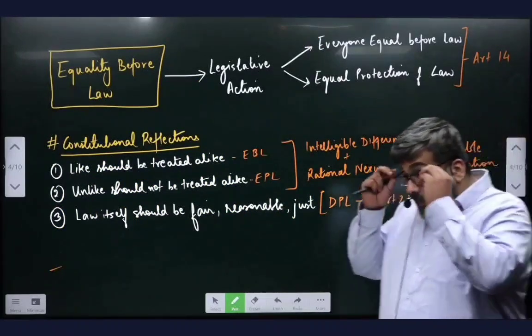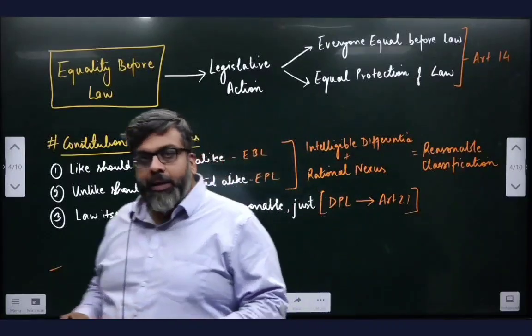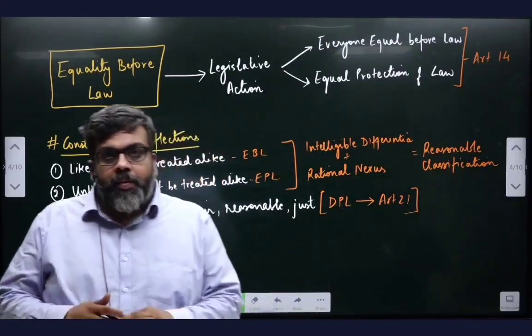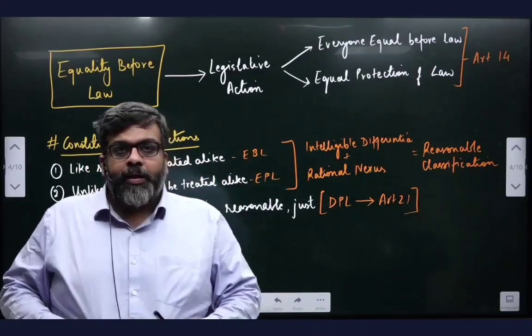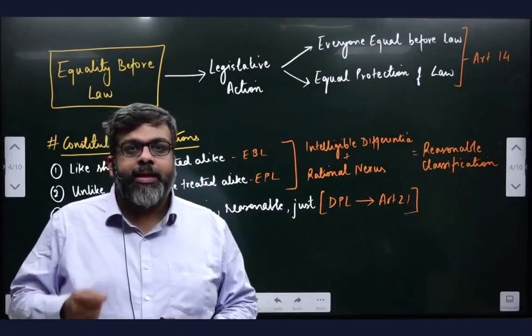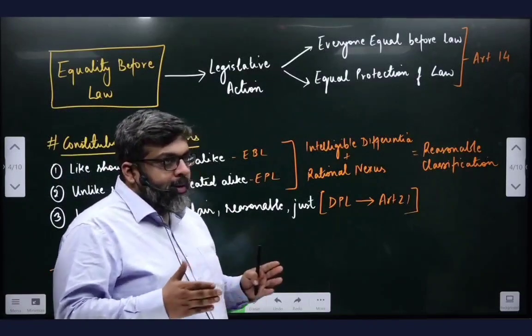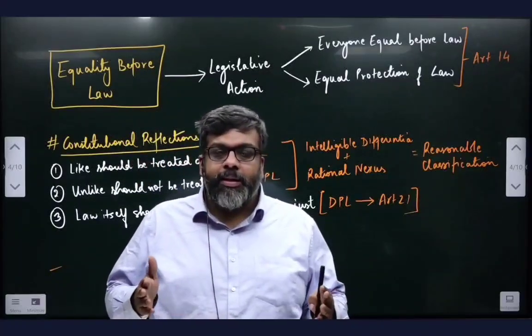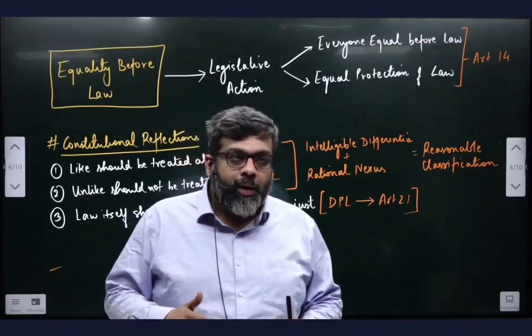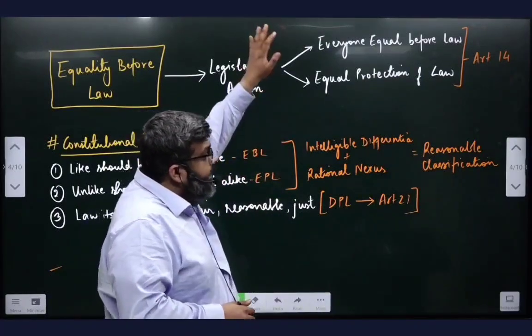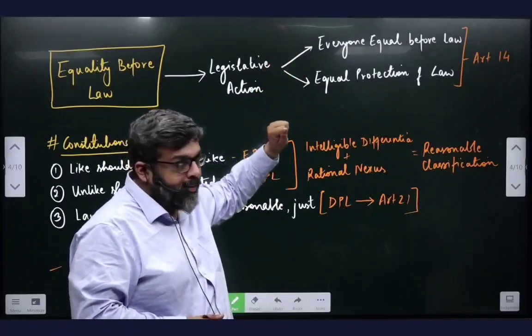Unlike the first pillar, which is absence of arbitrary power, equality before law dominantly applies to legislative action. When a law is being discriminatory for any reason, it can be positively discriminatory or negatively discriminatory.